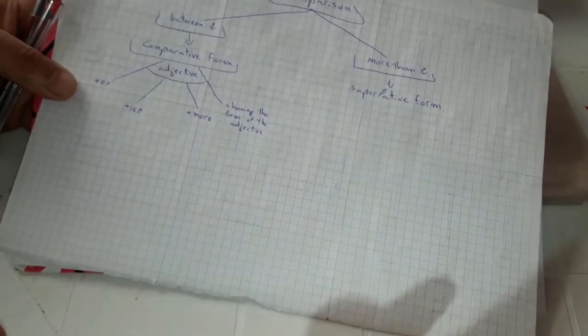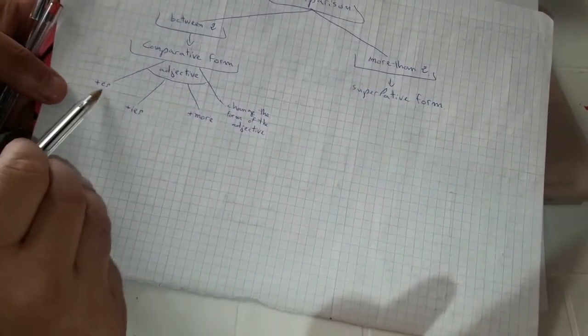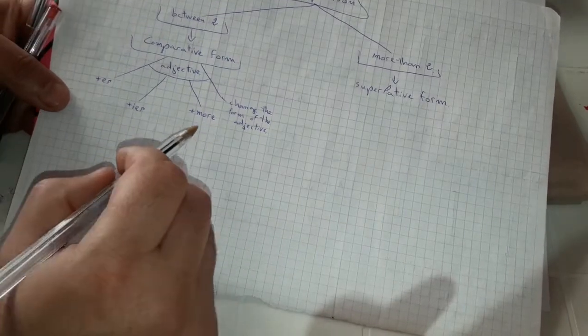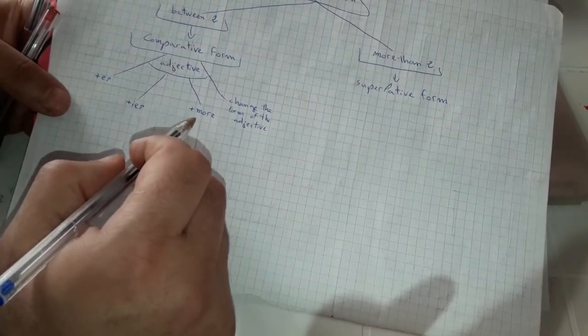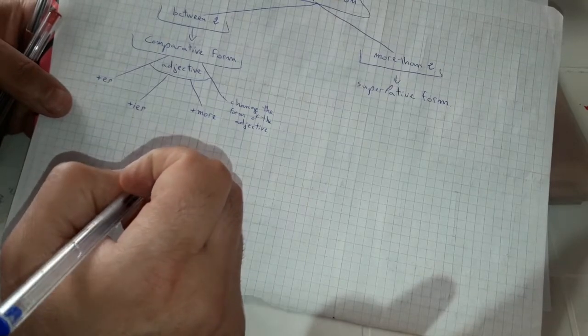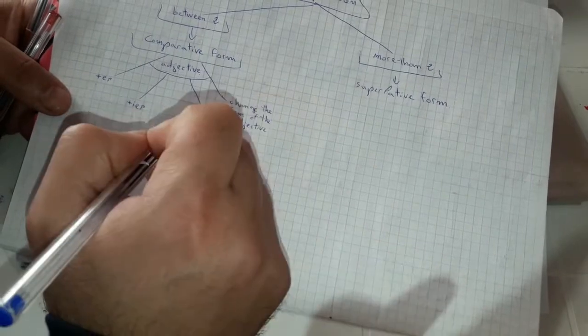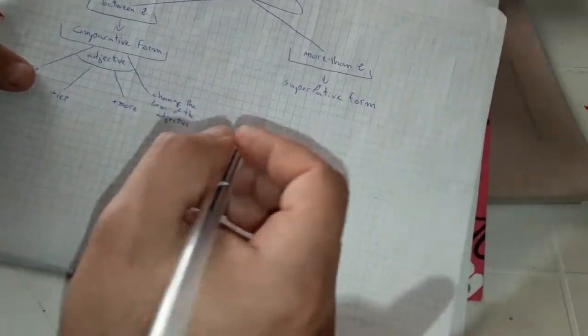Okay, so when we want to make the comparative form, for the adjective we put plus er, IER, or put more. Sorry, we put more with long adjectives, with adjectives in which we have two or more syllables, and then for some adjectives we have to change the adjective.